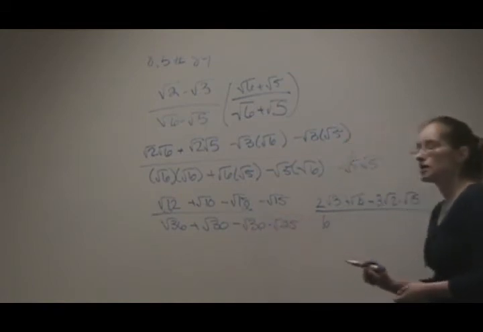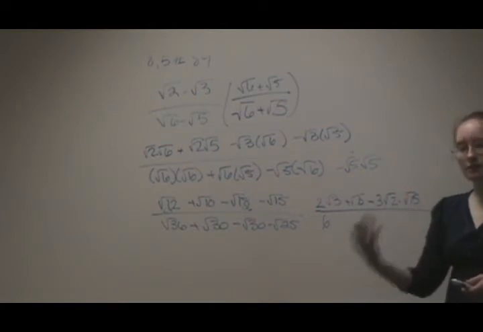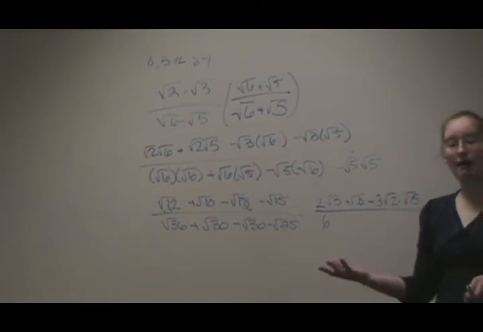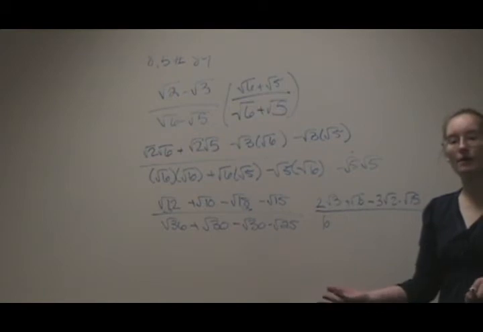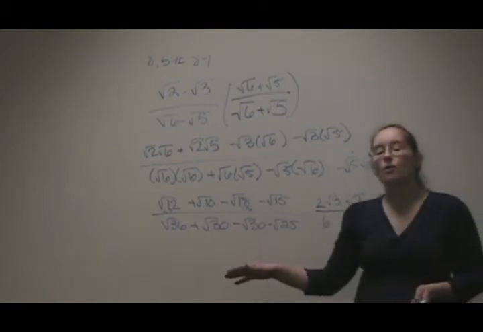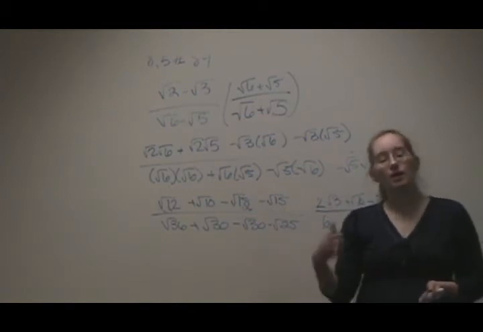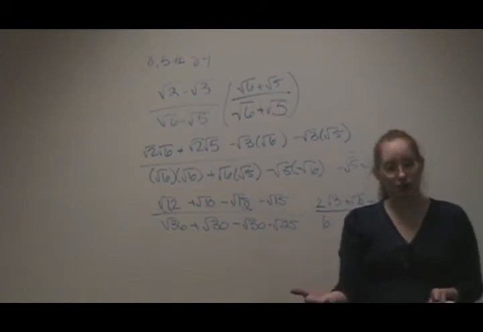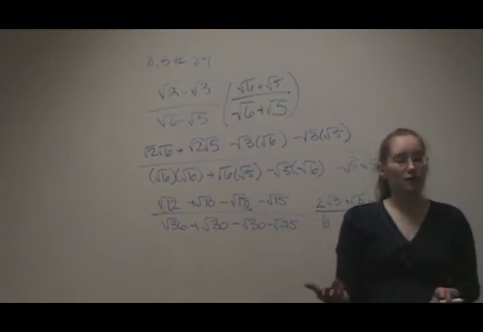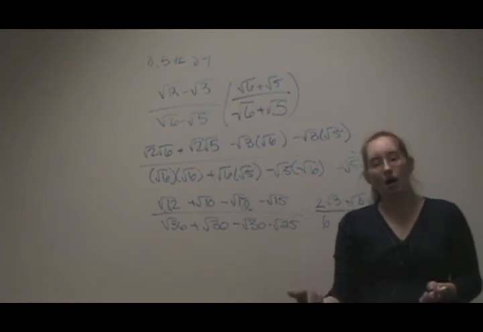Now, what's very important is just like terms. Remember, we can add 5x plus 5x and get 10x, but we cannot add 5x plus 5y because they're unlike terms. Radicals work the same way. If we have 5 times the square root of 2 plus 5 times the square root of 2, we can combine them and get 10 times the square root of 2. If we have 5 times the square root of 2 plus 5 times the square root of 3, we cannot combine them.